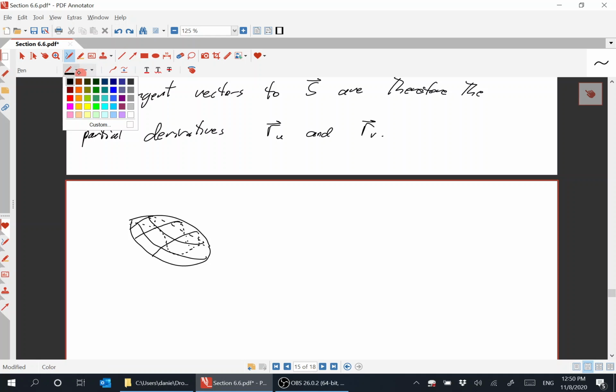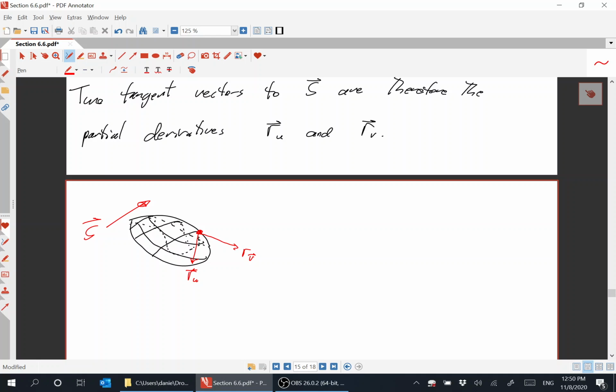Here are those tangent vectors. So this is the surface S, and it's going to be oriented from side 1 to side 2. Say it's this way. Now you've got these two tangents, the partial derivative of r with respect to u and the partial derivative of r with respect to v.